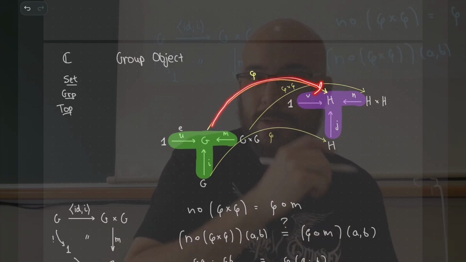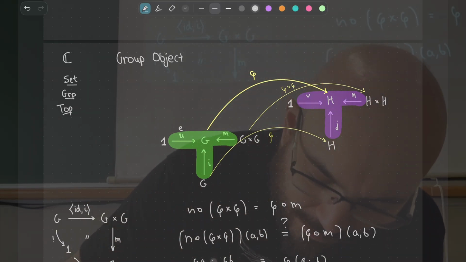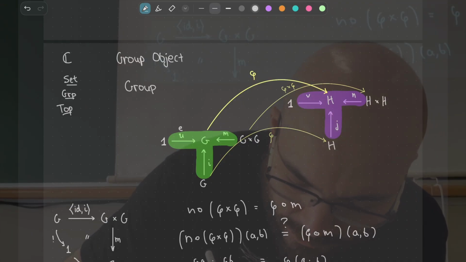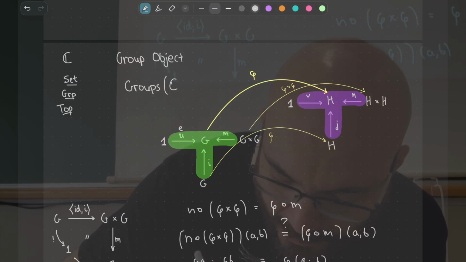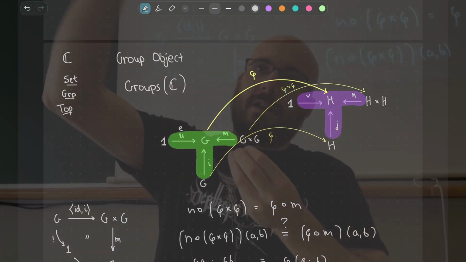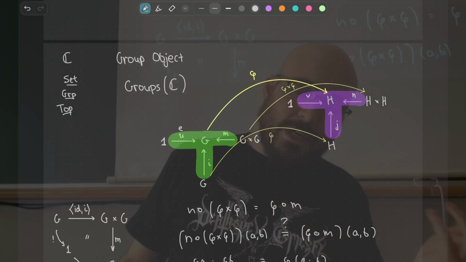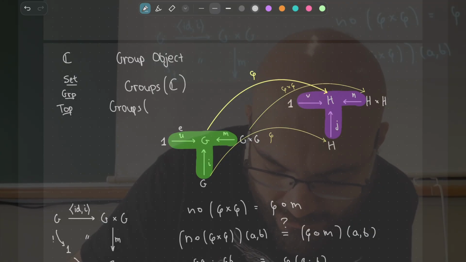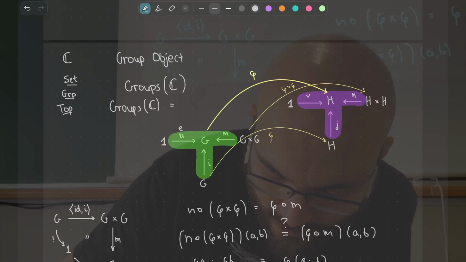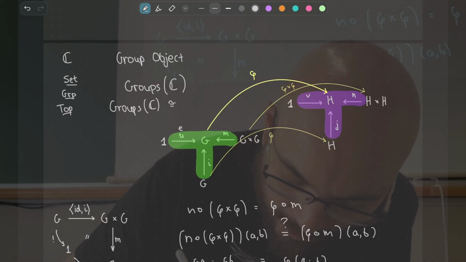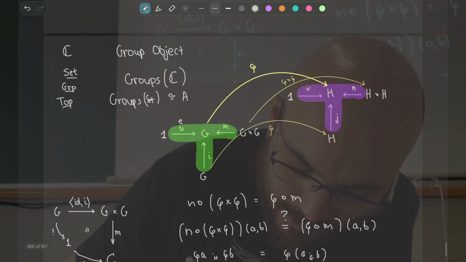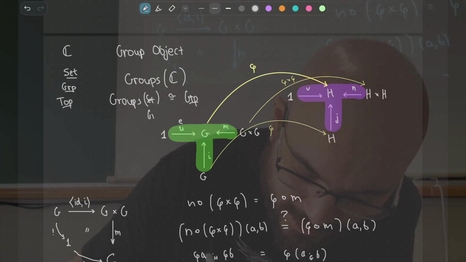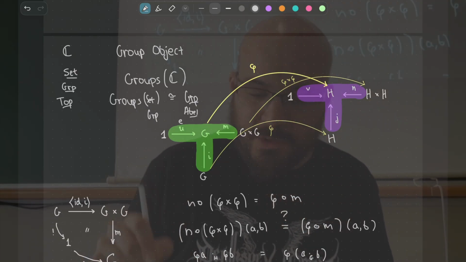So if you translate all this, it means we have defined group objects, and we have defined what it means for arrows among group objects. So in any category C, I have a new category, which is all the group objects of C and arrows between them, right? The question that we answered already, but haven't proven, is that the category of group objects in Set is equivalent, or isomorphic if you like, to the usual groups, while if you replace group here, you get the abelian groups.